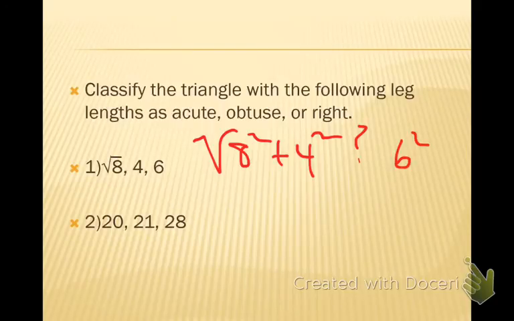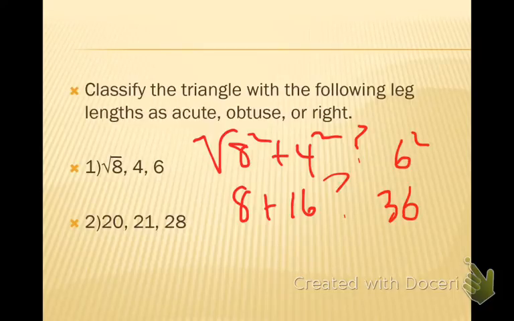So what's square root of 8 squared? 8. Right, it's 8 plus, what's 4 squared? Logan? 16. And then we've got 6 squared is 36. So that's going to be 24 is less than 36.